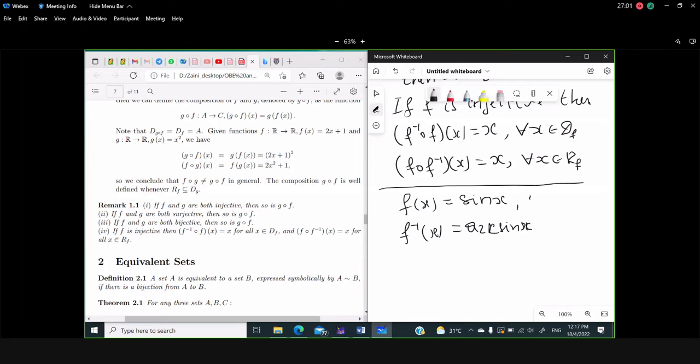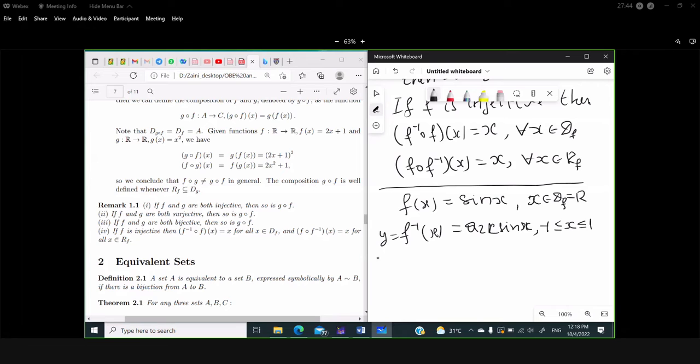So here the domain of f is R, any x. So here I need the range. Please listen. This one has some problem, you know. If I consider this one as a function, x takes values from -1 to 1.